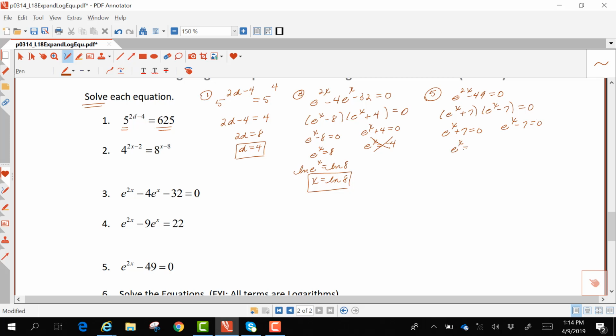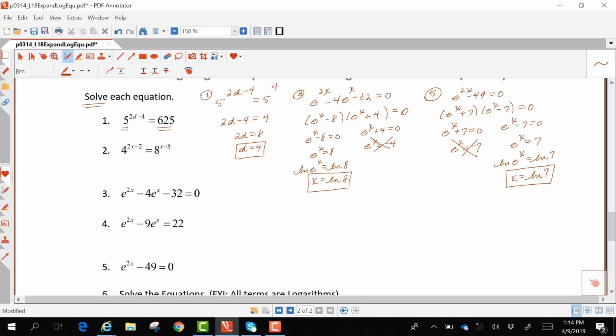And I will get e to the x equaling a negative 7, which we've already discussed cannot present a solution, and e to the x equaling a positive 7. Just as in number 3, my answer is supposed to be x equaling a number. So I will take the natural log of each side of this equation so that I get my result that x equals the natural log of 7.